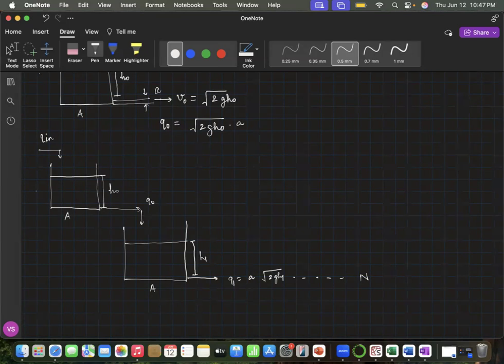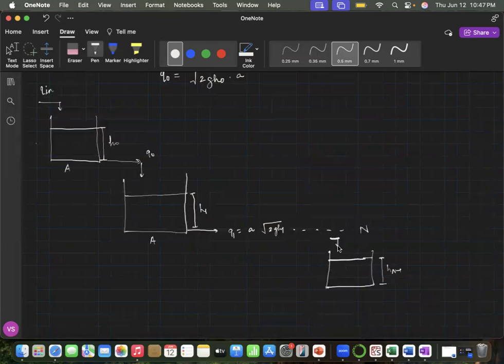Therefore, for the last tank, since I've started my numbering with 0, the last tank will have height h n minus 1, and the inlet flow rate to this is going to be q n minus 2, which is a times square root of 2g h n minus 2, and the outlet flow rate from this tank is going to be q n minus 1, which is a times square root of 2g h n minus 1, right?